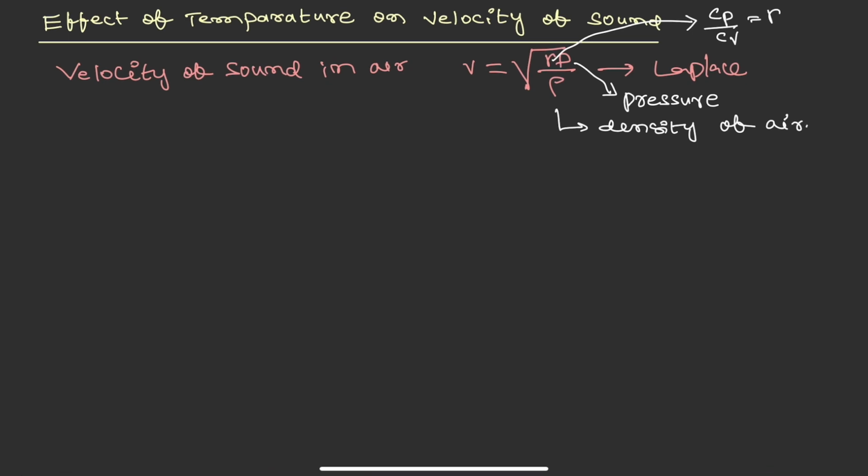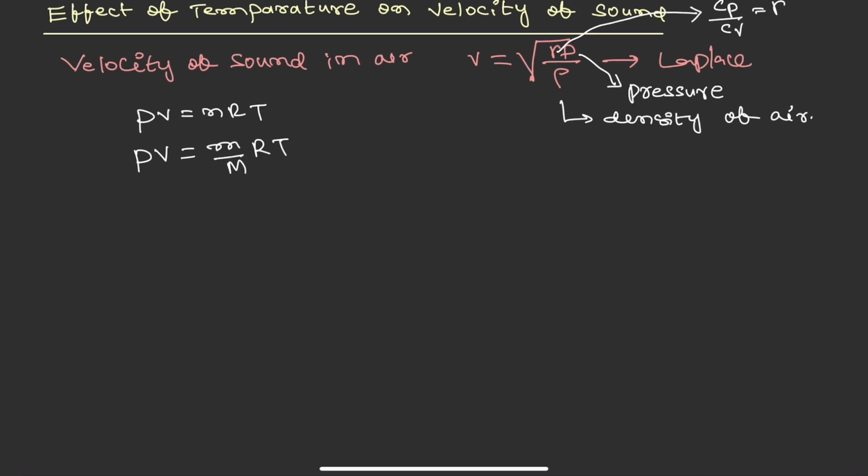So now I'm talking about PV is equal to nRT. PV is equal to nRT. Here n is small m by capital M, so PV is equal to m by M RT. Mass is density into volume. So PV is equal to density, volume, RT by capital M. V and V cancel.